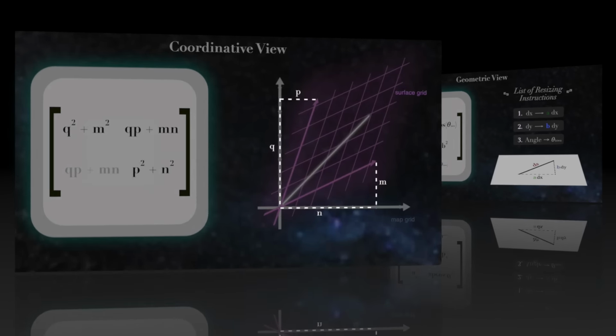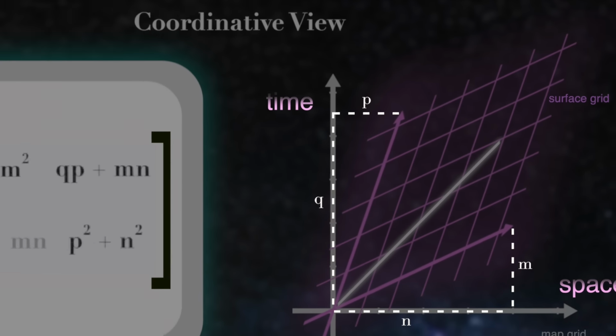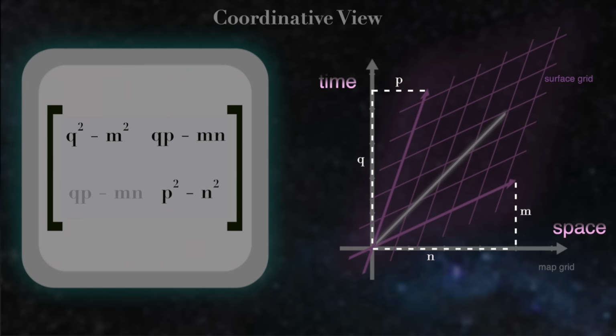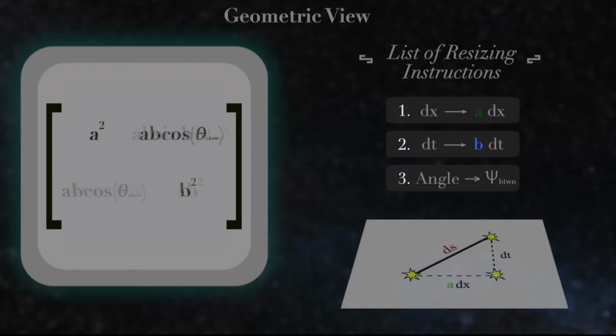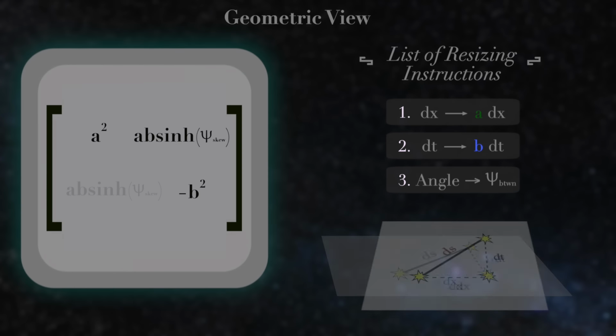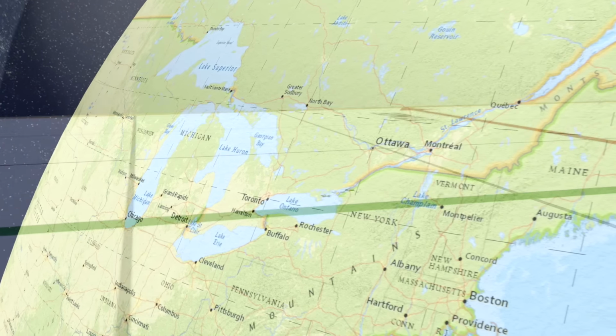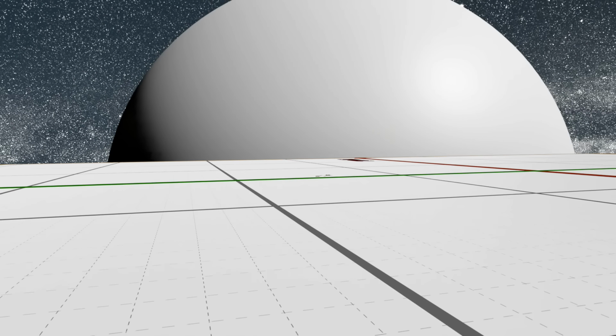And both these views hold, even if our grid is a space and time grid, or our map one of space-time events. But in going from a physical manifold to the space-time manifold, we need to recognize a few things.